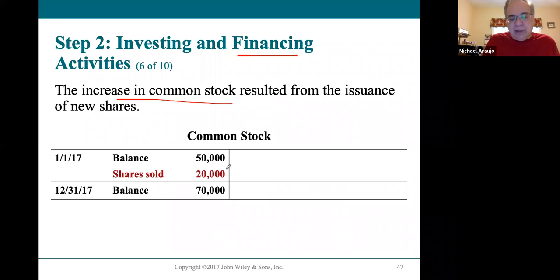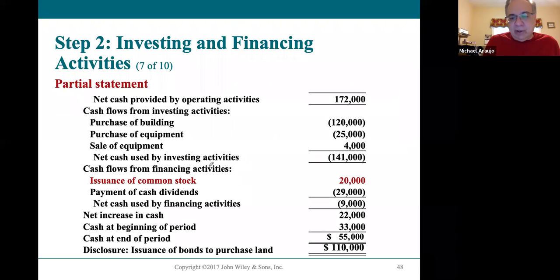They had $20,000 of common stock. Actually, I think this should be on that side, right? It's a credit side balance, yeah? There's a mistake. But anyway, they sold $20,000 of common stock, bringing $20,000 of money in. So cash flow from financing activities, the first thing is a $20,000 positive number because it's cash coming in.